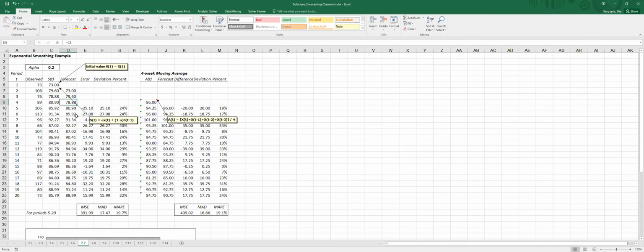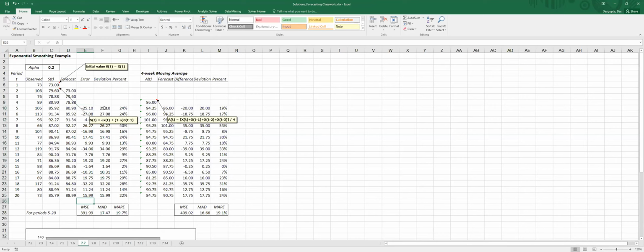And then I want you to look at periods 5 through 20, as it says here. And therefore, the errors will be calculated from this period. So it's forecast, observation minus forecast, so D10. So this is forecast minus observed value, it's either way, it's fine because we'll be squaring or absolute valuing them anyway. But still, take forecast minus observed value and drag it down.